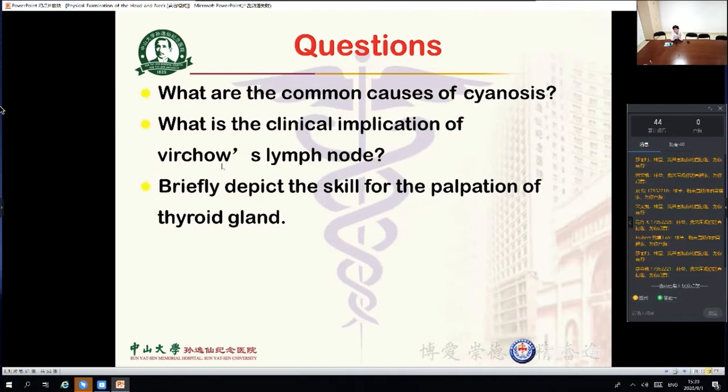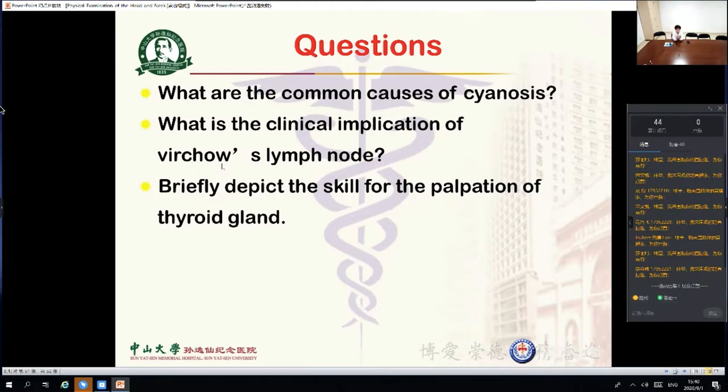We learned how to do the inspection, how to perform palpation, percussion, and auscultation. And you need to practice again and again with your friends, with your classmates, how to do the percussion, how to do the palpation. This may be very important in your career later on.